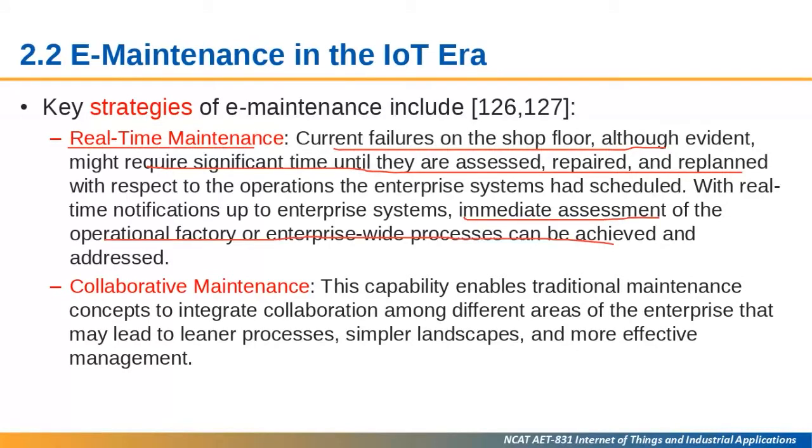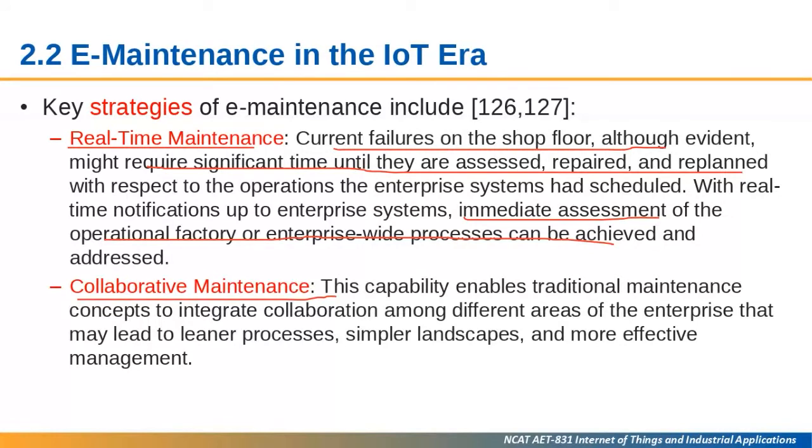And also it facilitates collaborative maintenance, because many machines, especially sophisticated manufacturing machine systems, may involve expertise in different areas. For example, they may have mechanical aspects, electrical aspects, computer aspects, and maybe optics aspects.